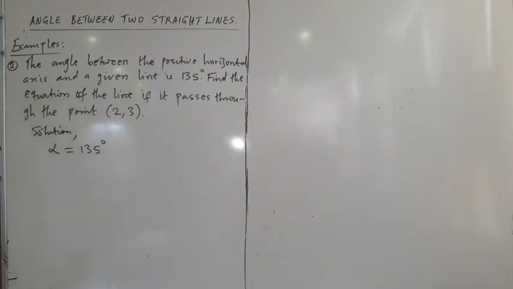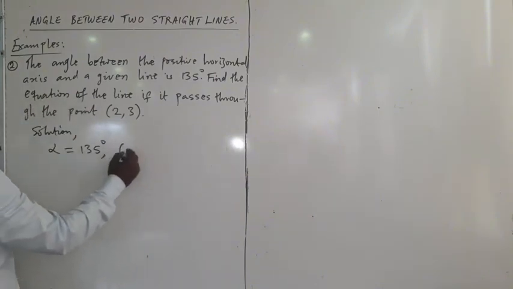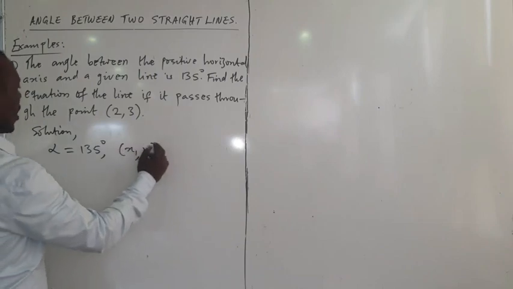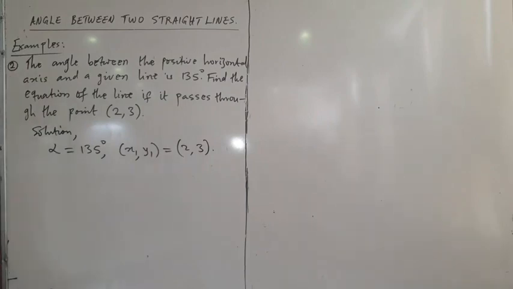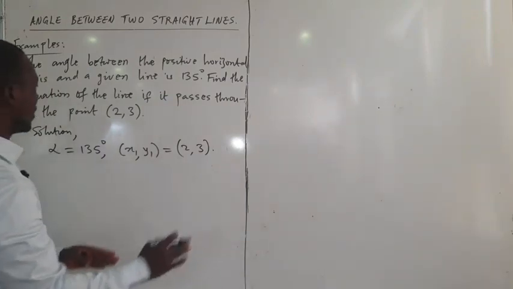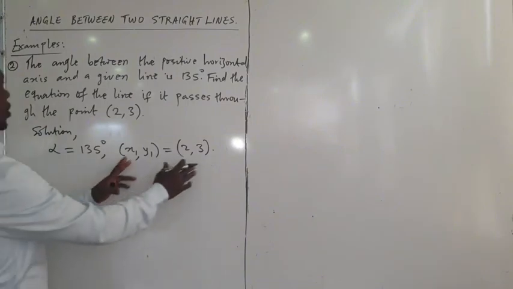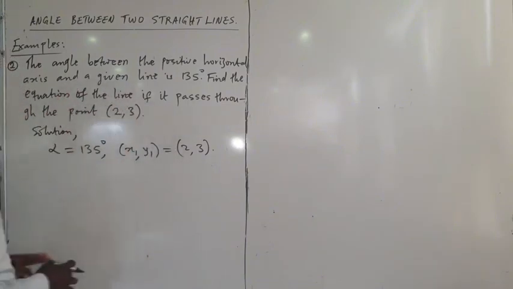We have the point x1, y1 as (2, 3). But remember the formula that connects alpha and the gradient, because we need the gradient to look for the equation of the straight line.